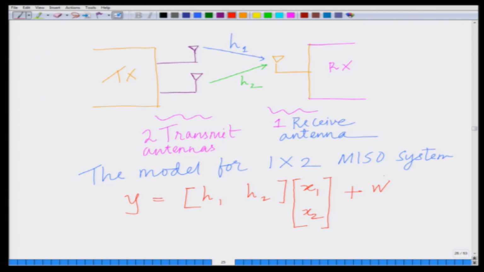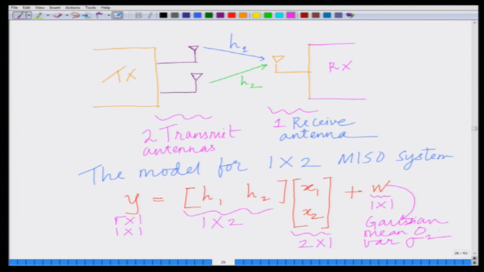plus w. So what do we have over here? We have an r cross 1, which is basically a 1 cross 1 received symbol. This is my 1 cross 2 channel vector, the MISO channel vector. This is my t cross 1 or 2 cross 1 transmit vector, and this is my r cross 1 or 1 cross 1 noise. Similar to before, no surprises here, we will assume Gaussian noise with mean 0 and variance sigma square.